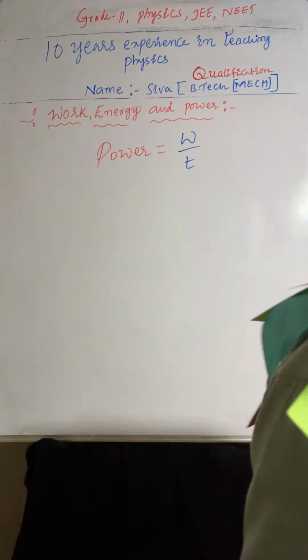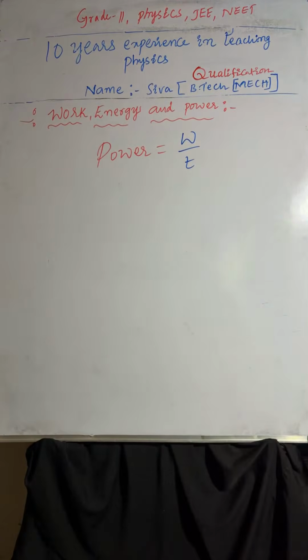So what is the SI unit of power? 1 horsepower equal to 746 watt. So these are the points.